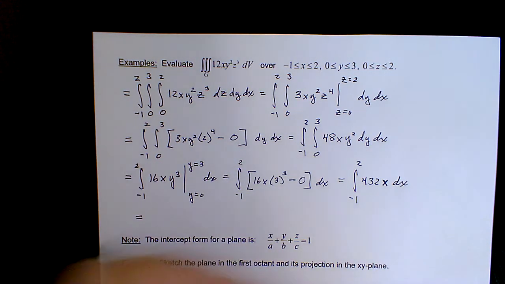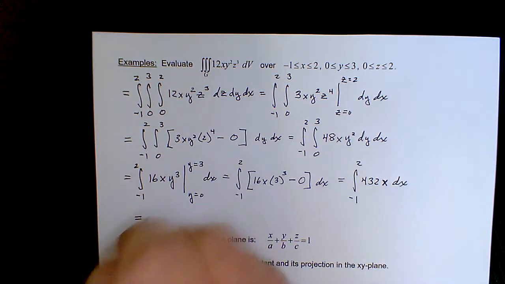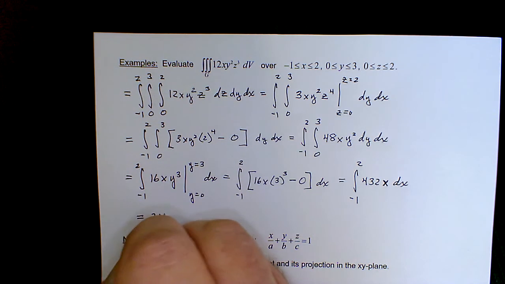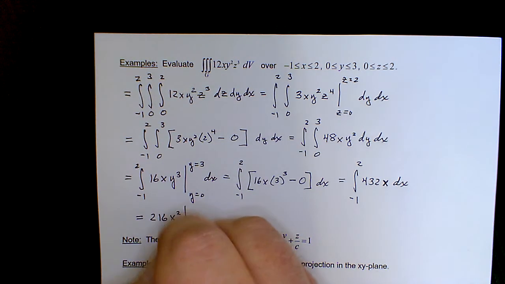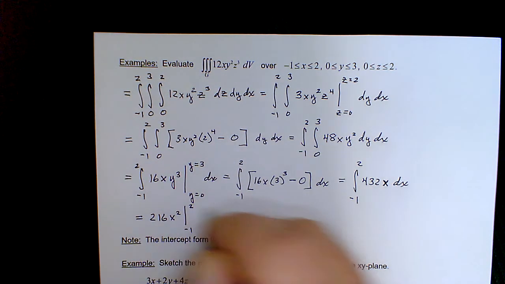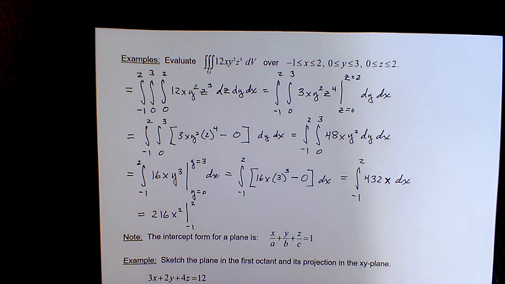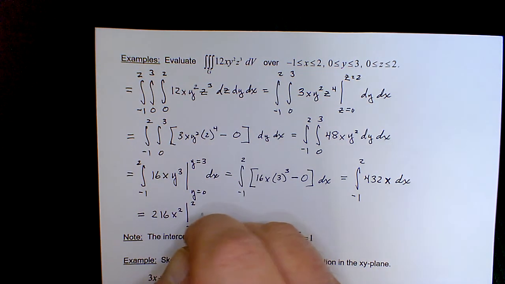So now finally integrate that. We get x squared over 2. 2 goes into 432, 216. So 216x squared. This is evaluated from -1 to 2. I mean, you could say x equals -1, x equals 2, but no need for that, really, because x is the only variable left.